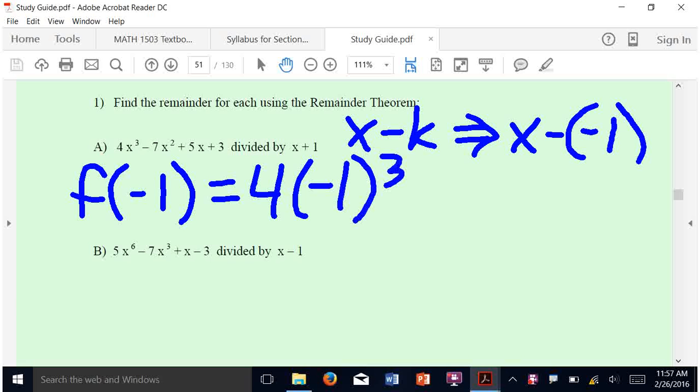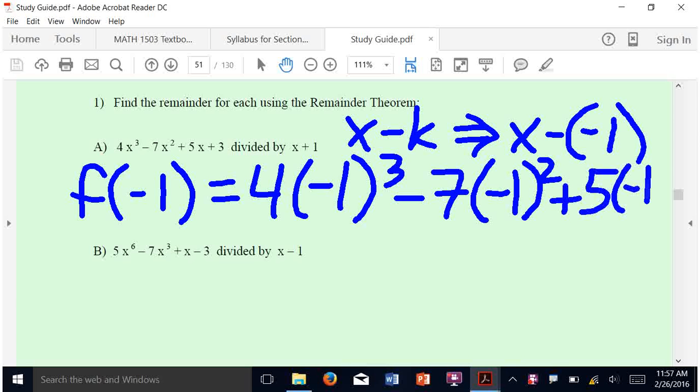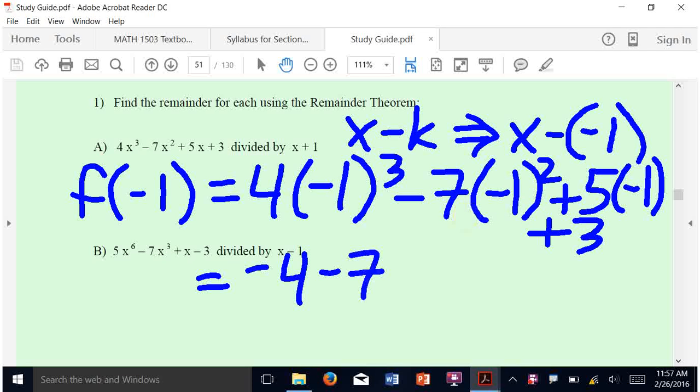You plug that in, -1 to the third minus 7 times -1 squared plus 5 times -1 plus 3. And that will equal -1 cubed is -1 times 4 is -4. -1 squared is 1, positive 1, times -7 is -7, and 5 times -1 is -5, and plus 3.